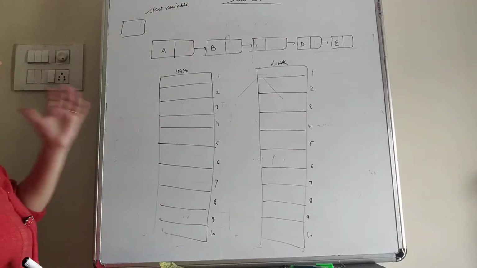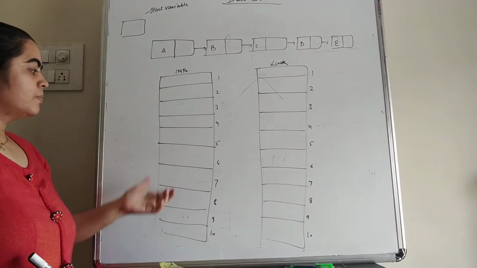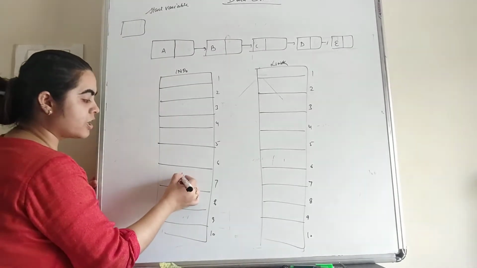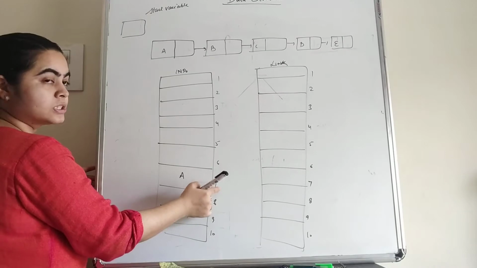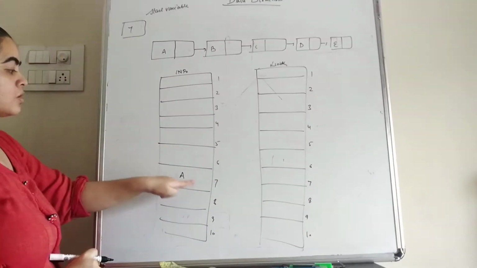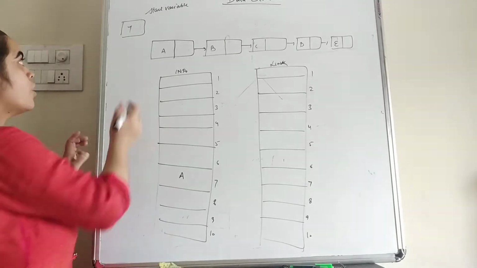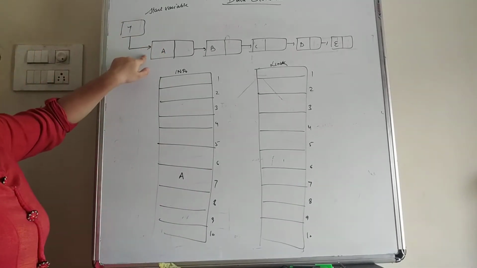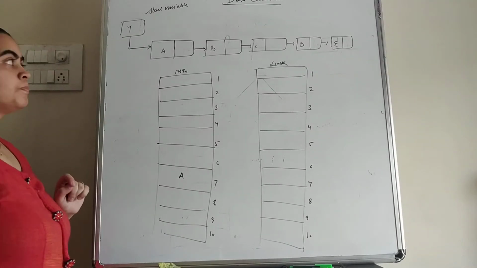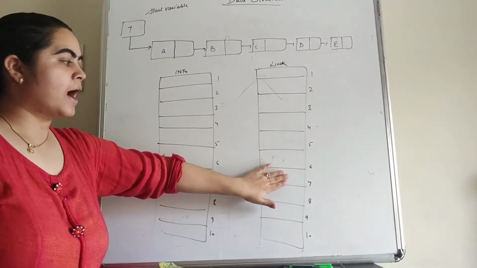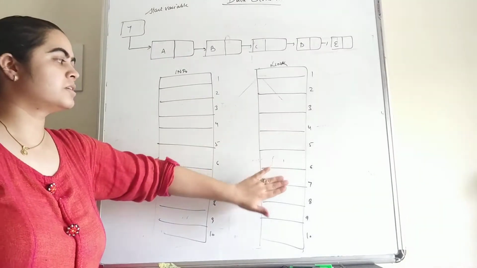So suppose this A element will be stored at 7th memory location in this array. So we can write A here, and in start variable we can write 7. So that means at the 7th memory location first element of first node will be stored. So we can use this link to represent the node. Now students, in front of A we have to add the address of the next data element.